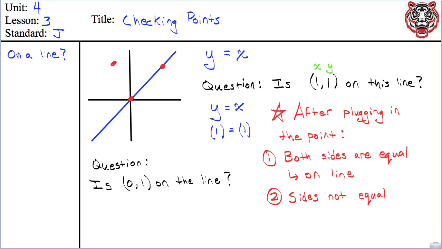Again, if you use the same procedure, you start by plugging in the point. So our equation used to be y equals x, and now I'm going to plug in 0, 1. So 0 goes in for the x, 1 goes in for the y. You can see here that 1 equals 0, that is not a true statement.